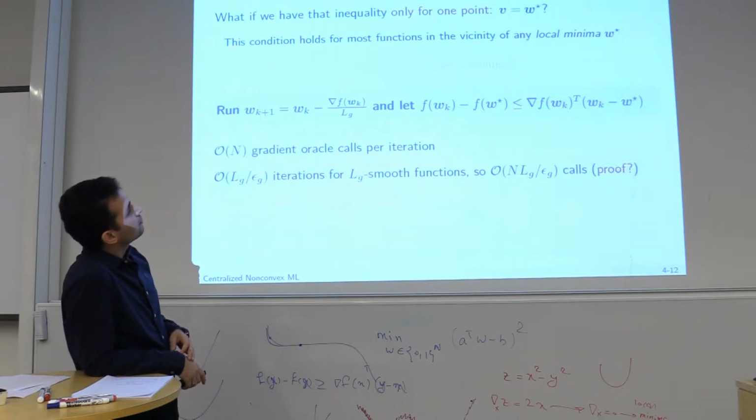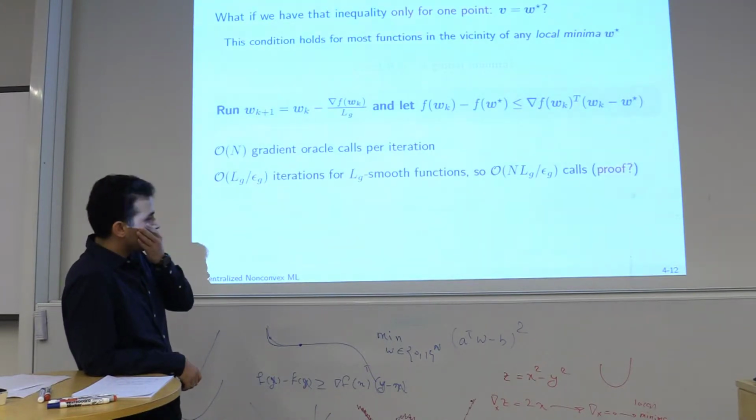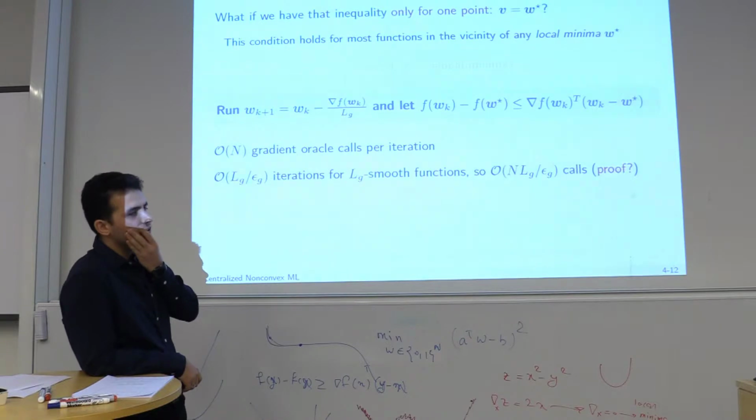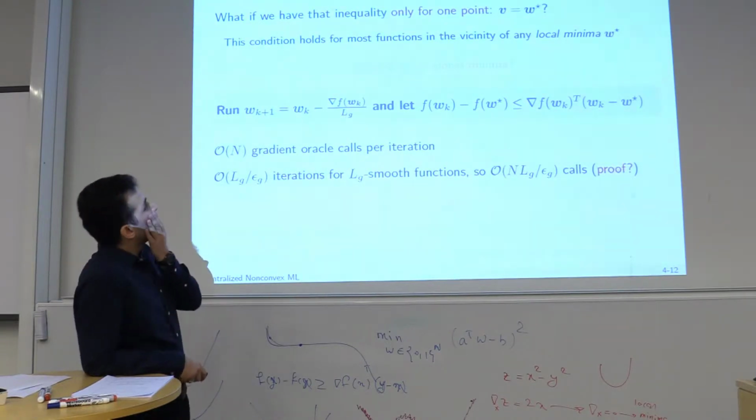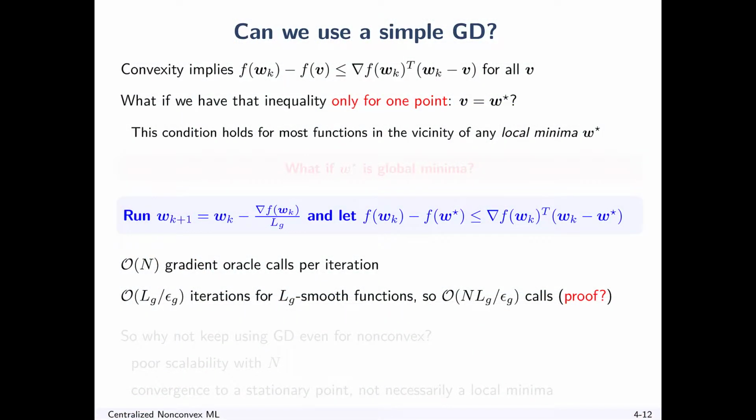But okay, let's see if we can use gradient descent. What would happen? Assume that in convexity, we have this inequality for all wk. This should hold for all points, but just imagine that we have it for just one specific point.